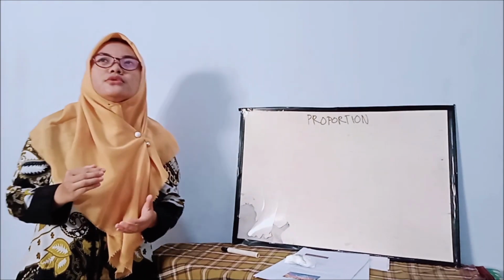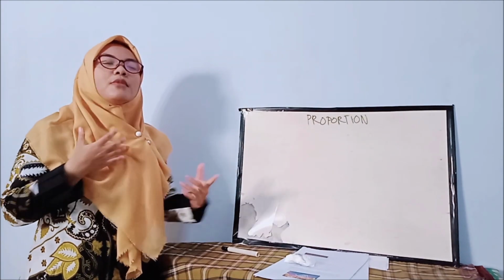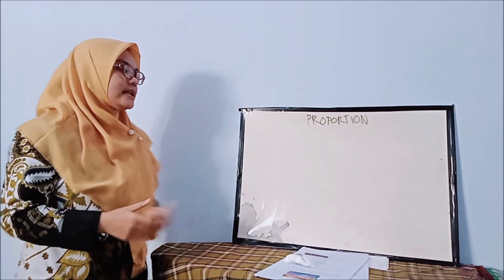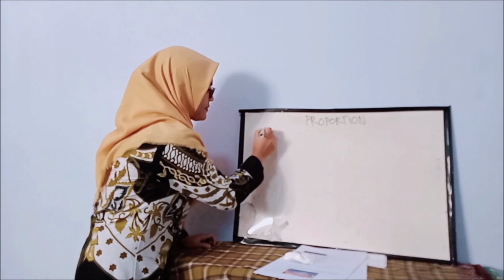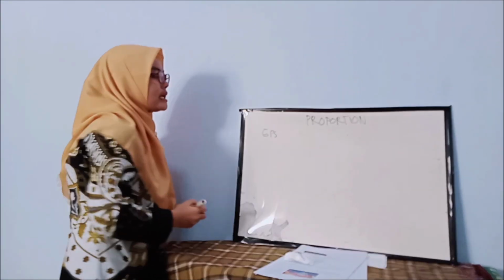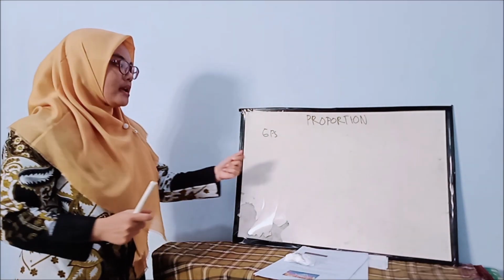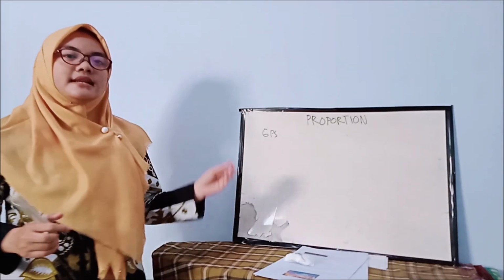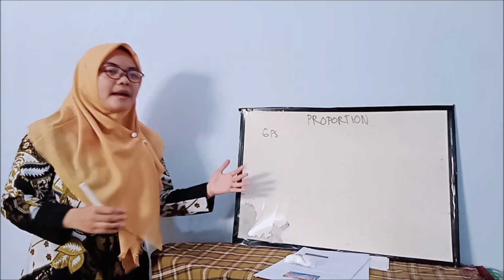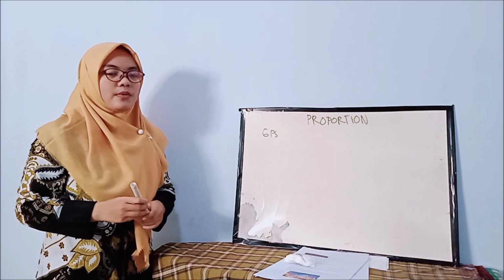If I want to go to Surabaya and I'm from Mojokerto, in GPS we can know the time and the distance. From the time and the distance we can make a ratio.